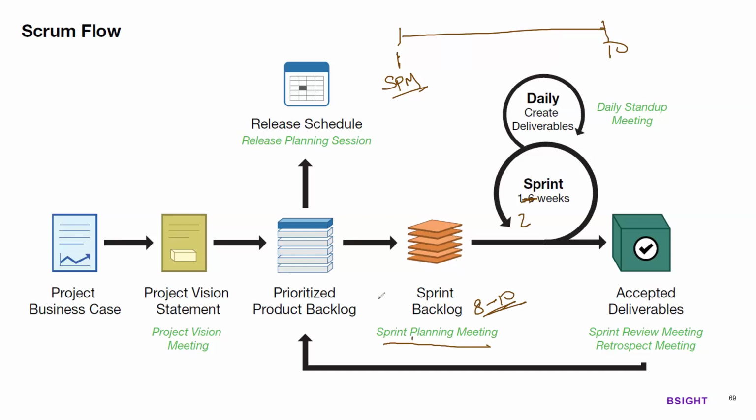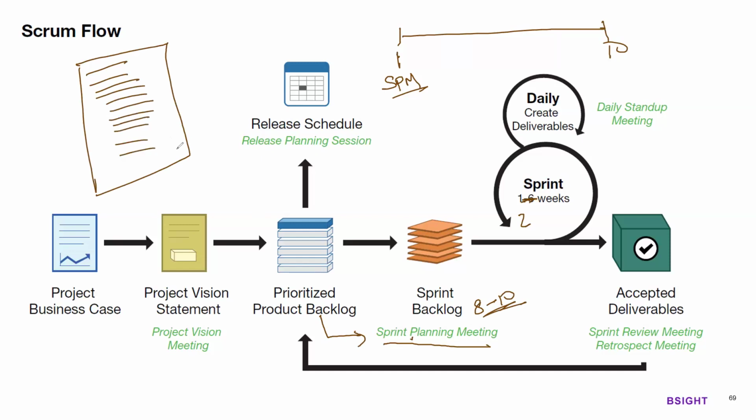In the sprint planning meeting, they will look into the prioritized product backlog. What is this project all about? We have items from high priority to low priority. At the beginning of the discussion, they will discuss and agree on a sprint goal: in that sprint, what are we going to achieve?